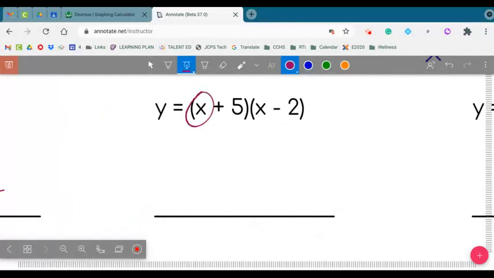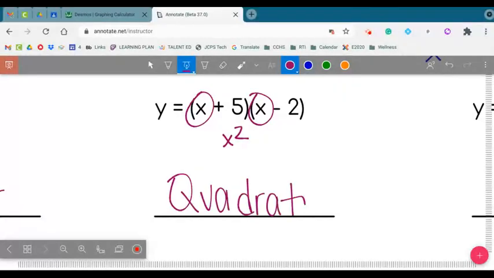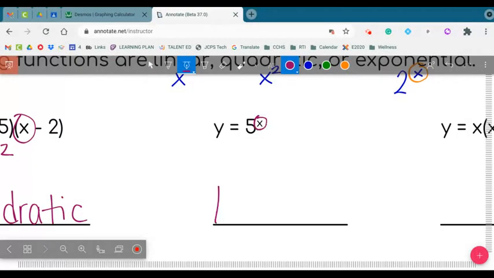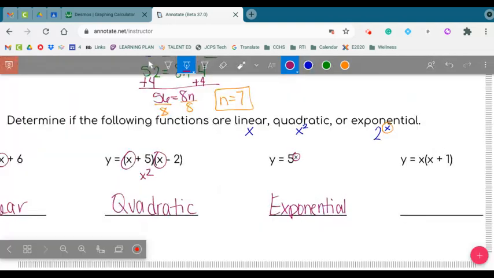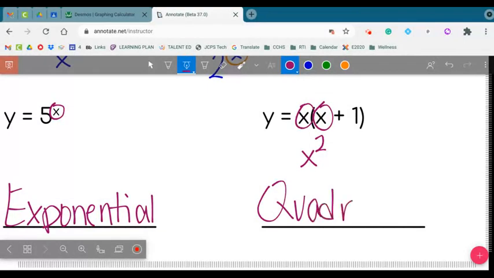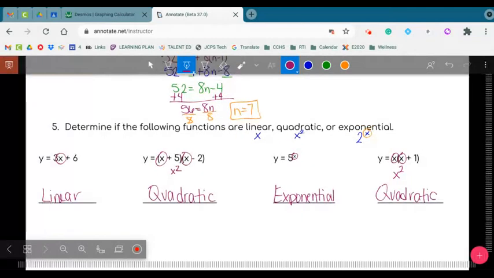Next one, we have x and x, that would give us x squared, so this is quadratic. The next one, we have 5 to the x, so this is exponential. And then the last one, we have 2 x's. That would give us x squared, which is quadratic. So keep that in mind whenever you're going through these.